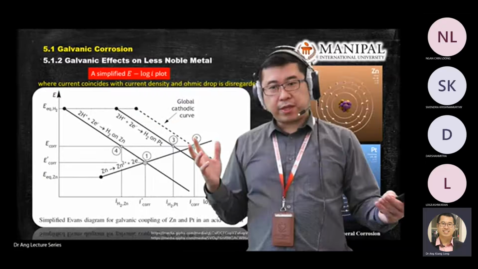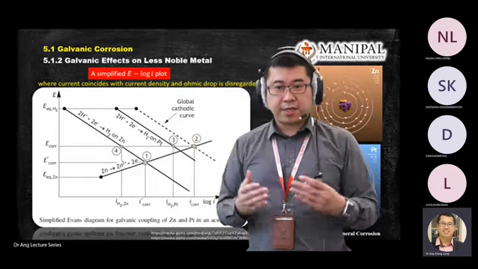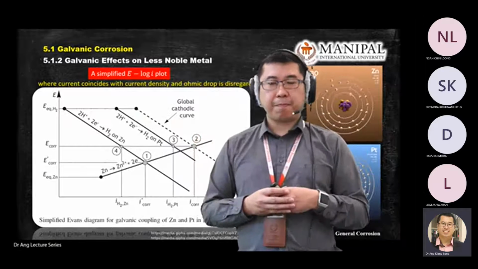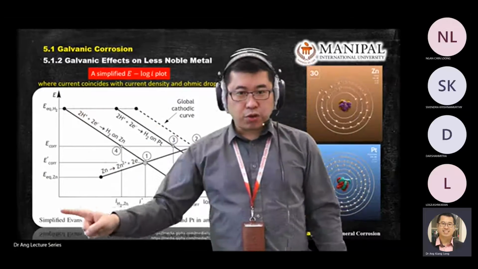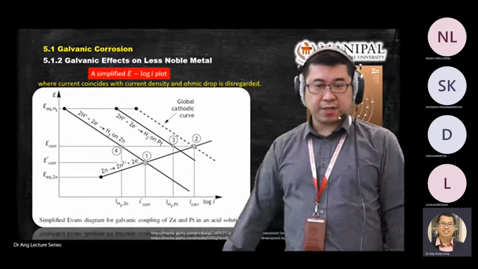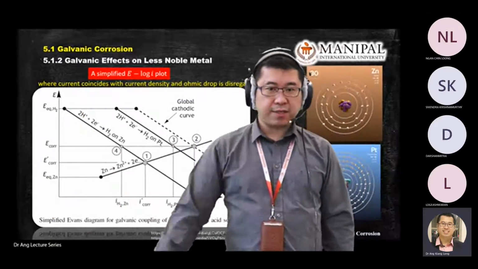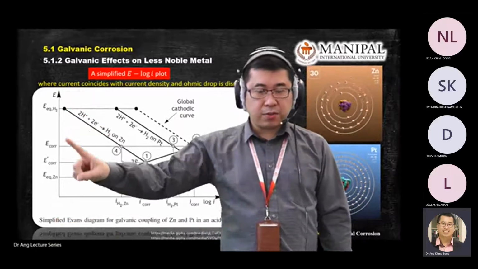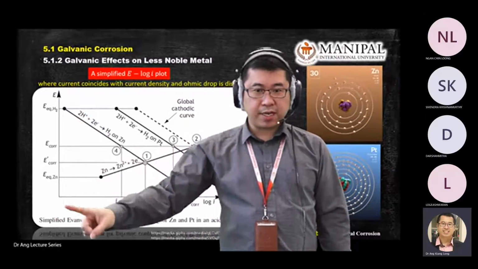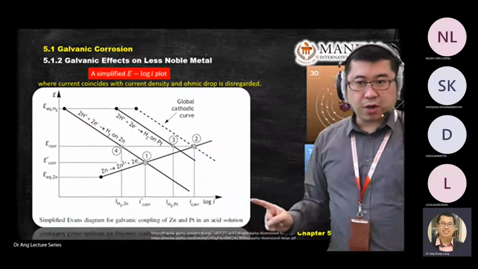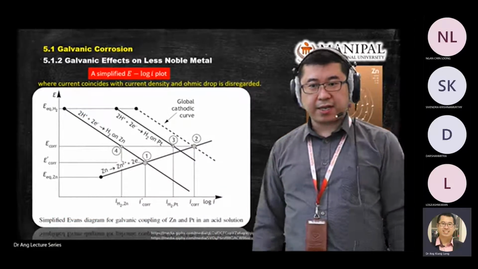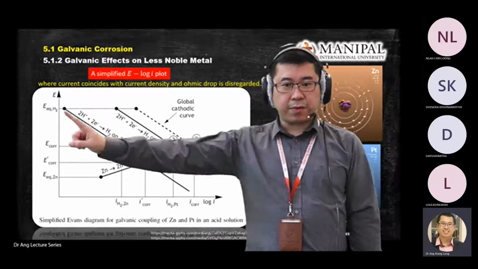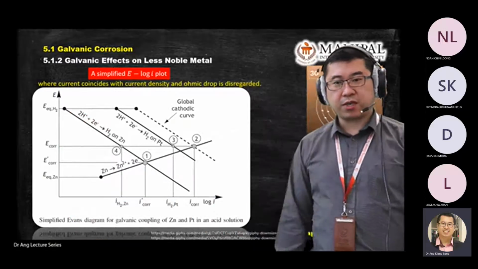So when you're given two metals, the first step, you look at the table and compare the nobility. Then you draw two axes on your answer. One is E, which is the potential, and you draw the log I axis. These will be the two that you will see in the question.